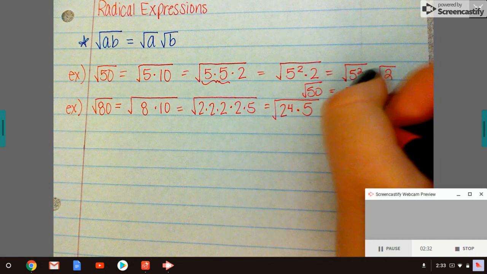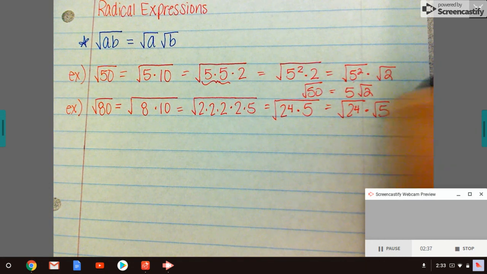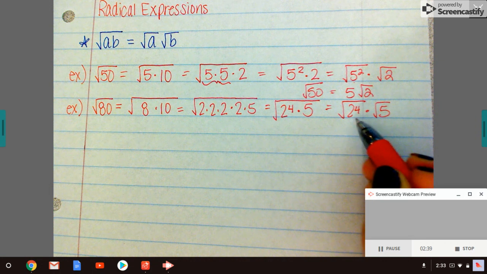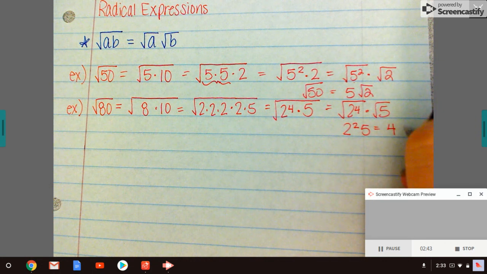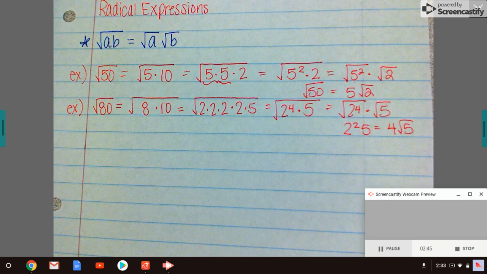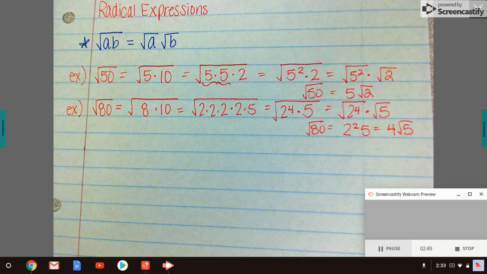The square root of 2 to the 4th times the square root of 5. Let's see, this would be 2 squared, or 4 root 5. So we've got root 80 is equal to 4 root 5.